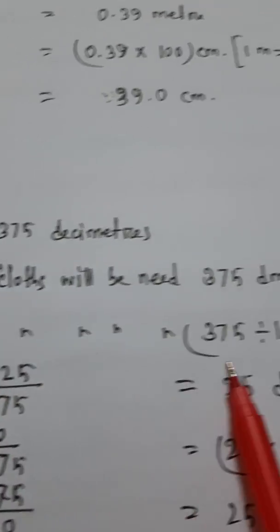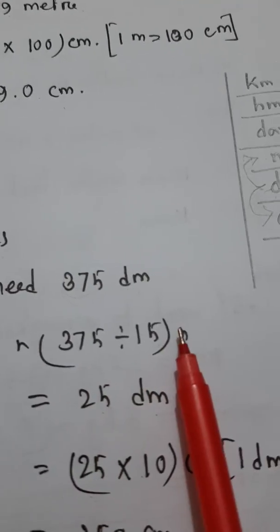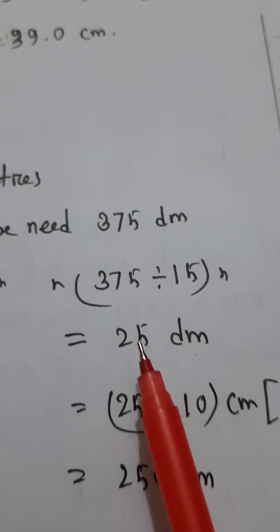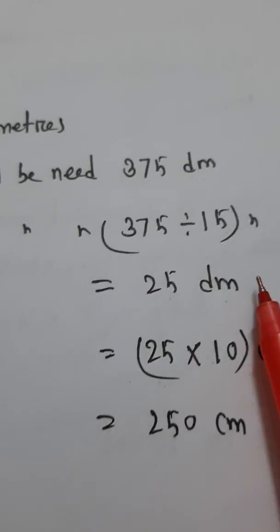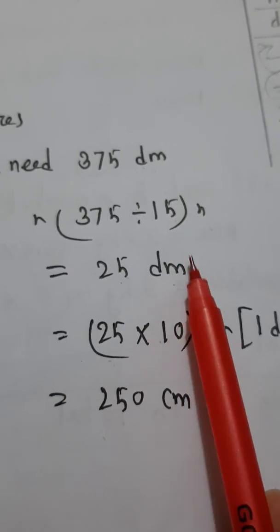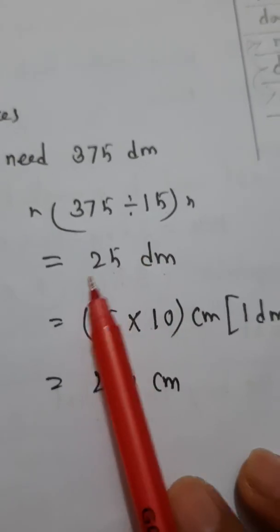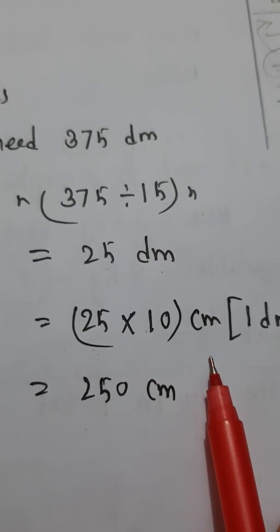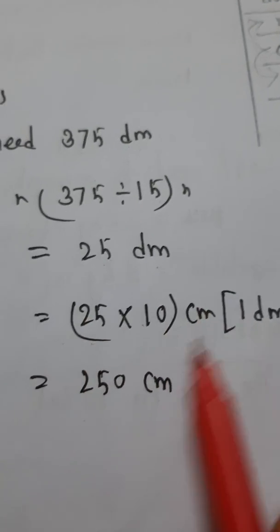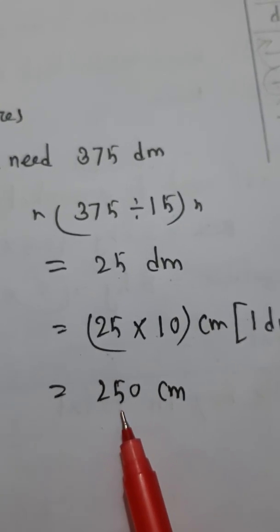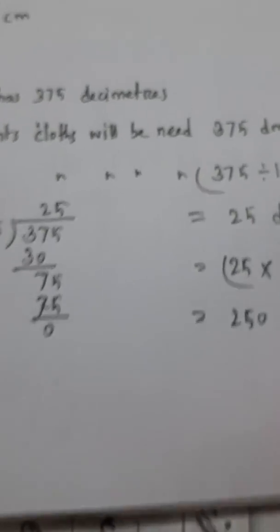One shirt uses 375 divided by 15, which is 25 decimeters of cloth. We express decimeters in centimeters, so we multiply by 10, giving 250 centimeters. The answer is 250 centimeters.